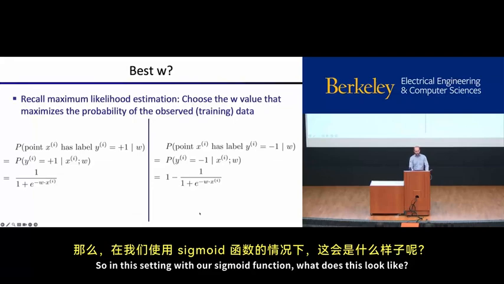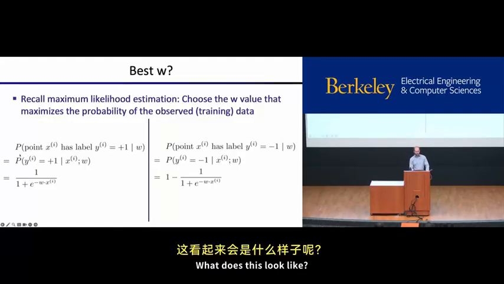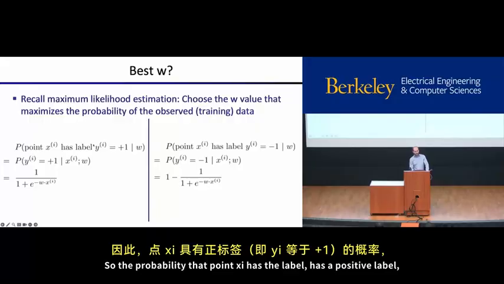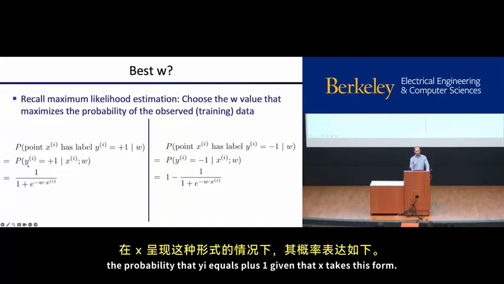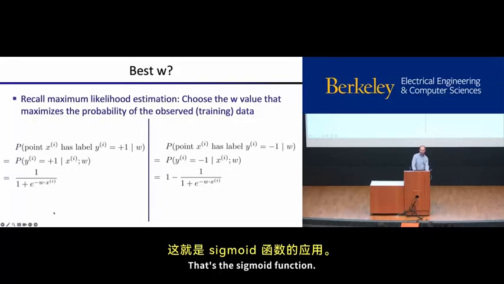So in this setting with our sigmoid function, what does this look like? The probability that point xi has a positive label, the probability that yi equals +1, given x, takes this form. That's the sigmoid function.